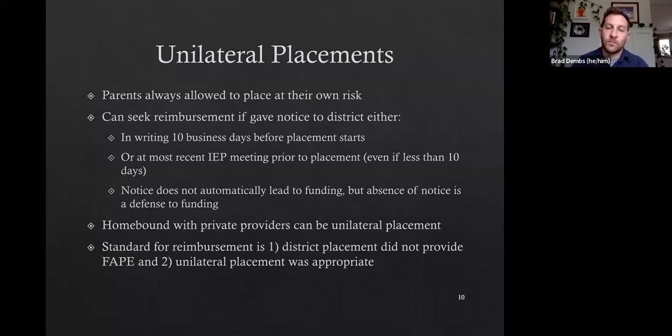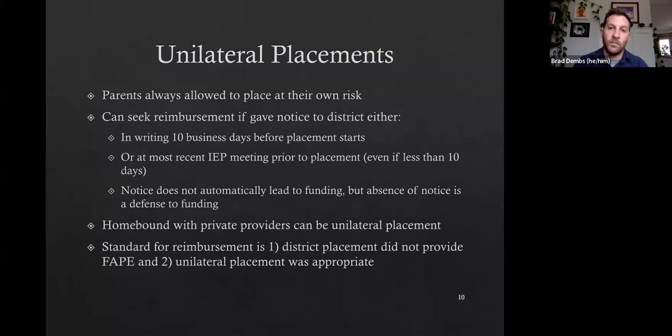In order to set yourself up to ensure that you can pursue reimbursement from the district, it's important to give notice to the district either in writing 10 business days before placement starts, or at an IEP meeting prior to the placement.